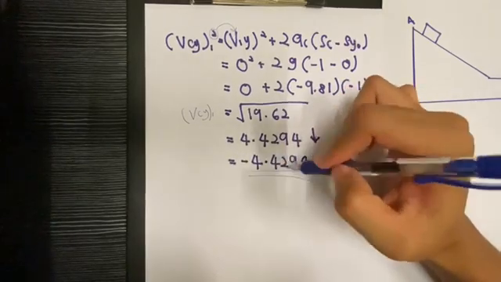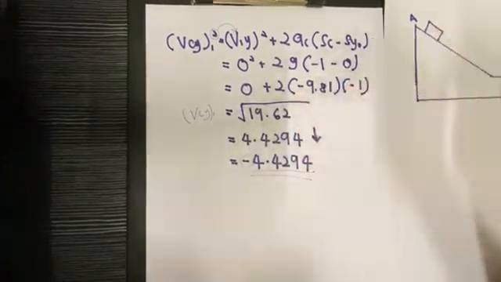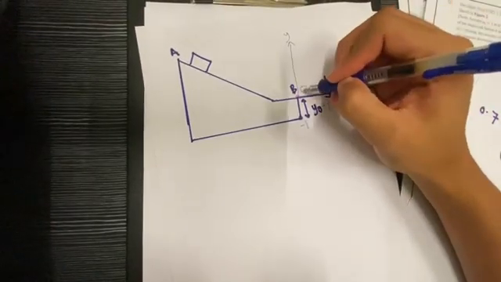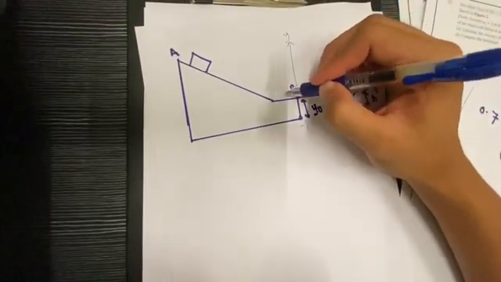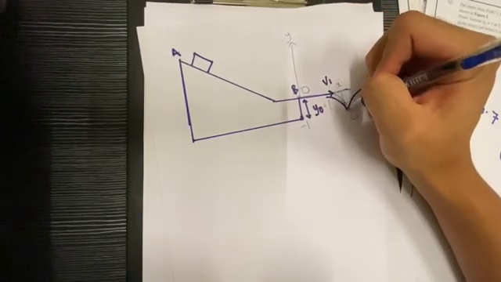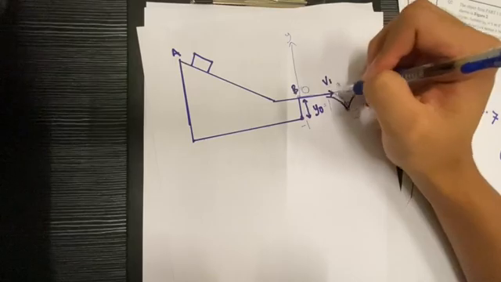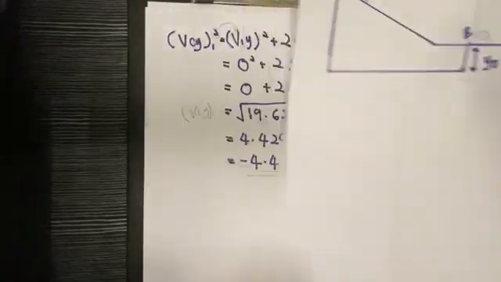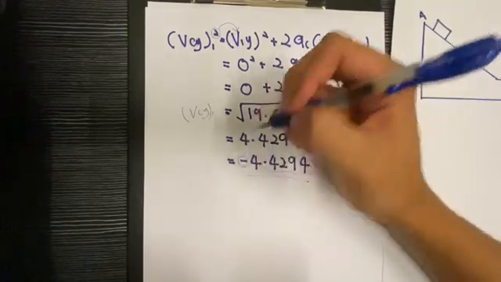This answer is the magnitude. We also know the ball after the bounce, and let's see, the ball is going downward at first, that's why we put negative.